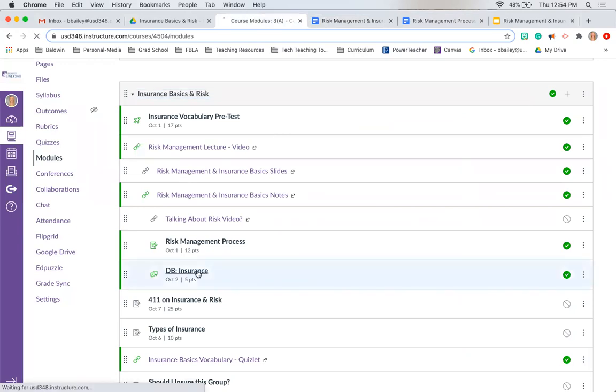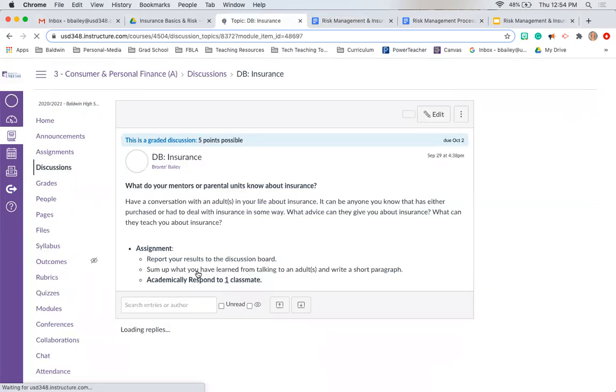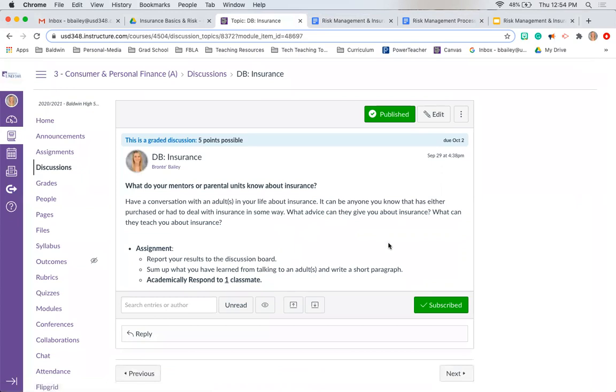The only other thing that you needed to accomplish between now and last class was you should have had a conversation with a mentor or a parental unit of some sort just about insurance in general. So maybe they had advice to give you, maybe there's something they could teach you, maybe an example or a story, anything that could give you more insight on the lovely world of insurance, because I am not an expert and there are so many different viewpoints on insurance out there.